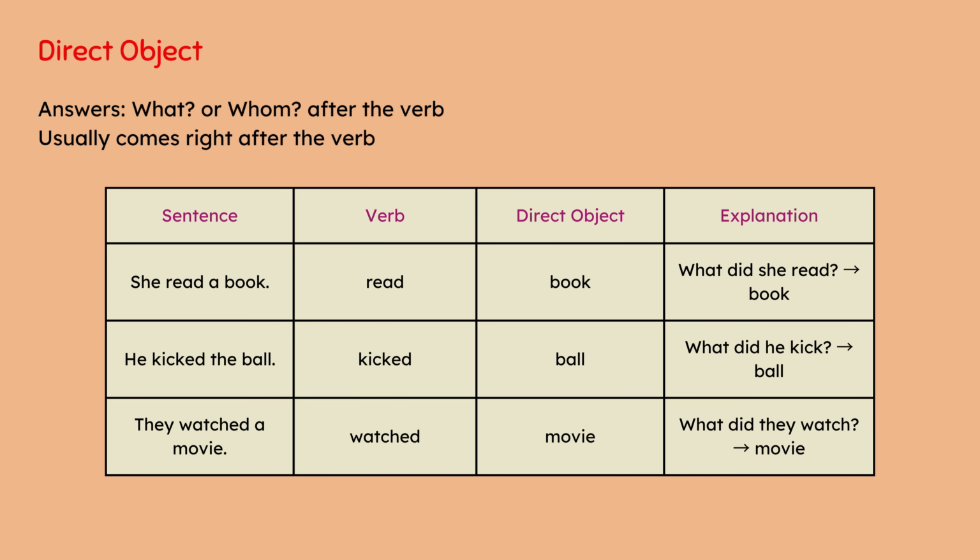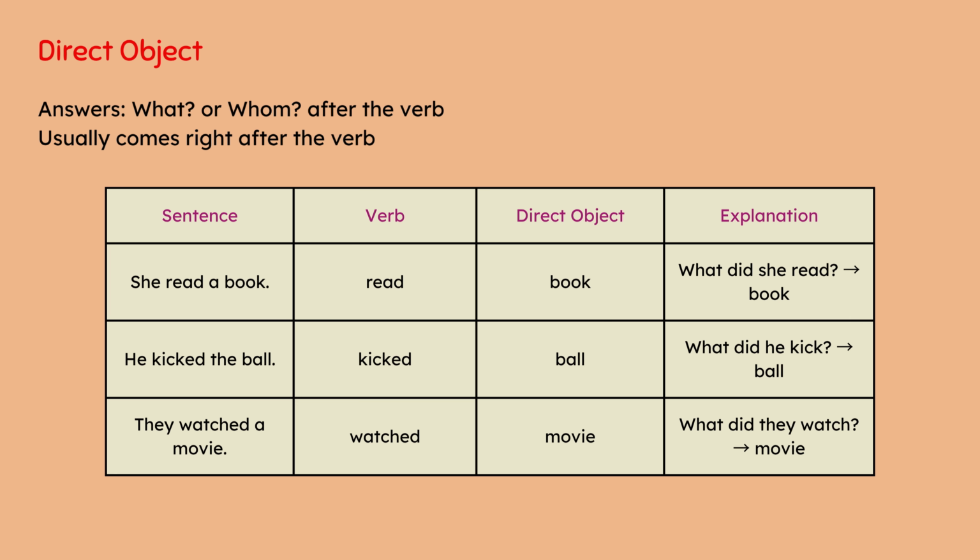Let's take a look at direct objects. A direct object answers the question what or whom right after the verb. It tells us what is being acted upon in the sentence. Let's see some examples. She read a book. Ask, what did she read? Answer, book.